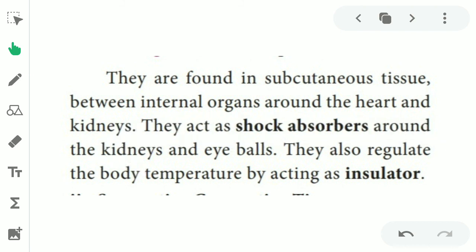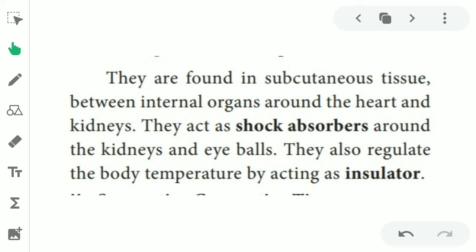Adipose tissue is present between the internal organs, the heart and kidney. They act as a shock absorber, so that outside shock or sudden change does not affect the kidney and heart.